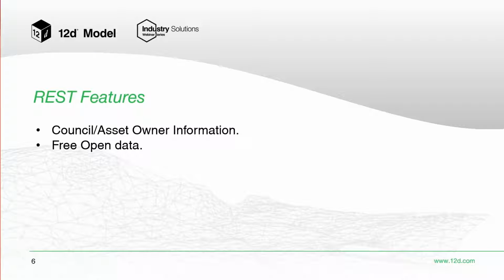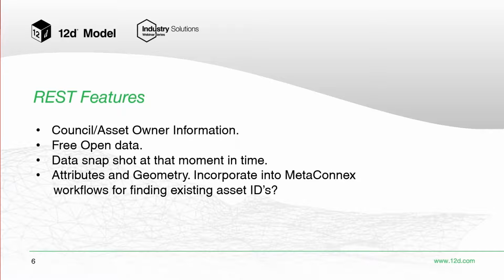You can consume it, say, from councils or other territorial authorities, maybe even private asset owners if they have a GIS feed that's available for people. The data is a snapshot in time. It is not a live database. So when you run the REST features or the LINZ data service, we're just taking that data as it sits at that moment in time.